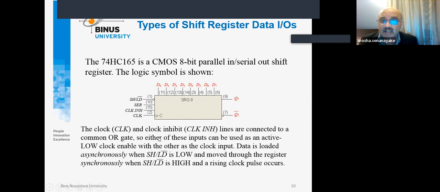Clock signal and clock inhibit are connected to a common OR gate. So either of these inputs can be used as an active low clock enable with the other as clock input. So data is loaded asynchronously when SH/LD is low and moves through the register synchronously.